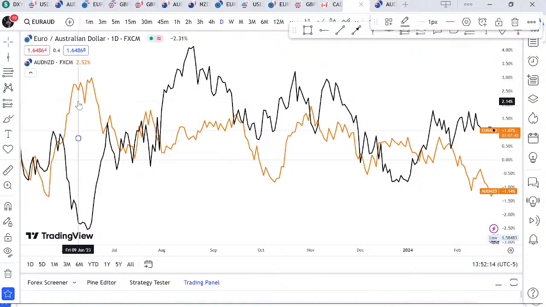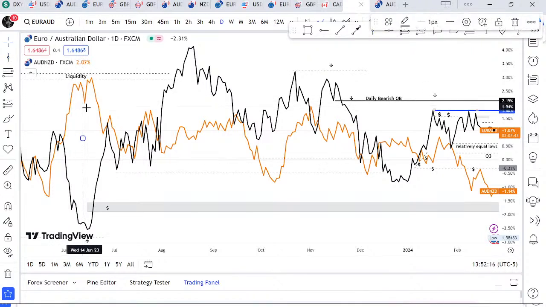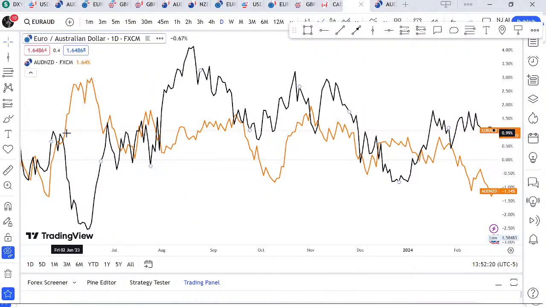Okay, let's start from here. From here, you see that when AUD NZD was going up, at the same time Euro AUD was coming down. So this is a perfect example of negative correlation. Let's come in and see.